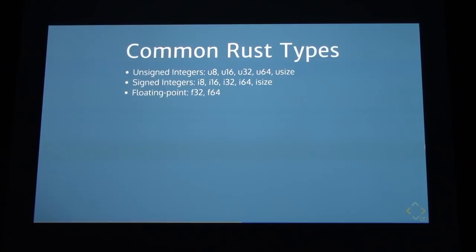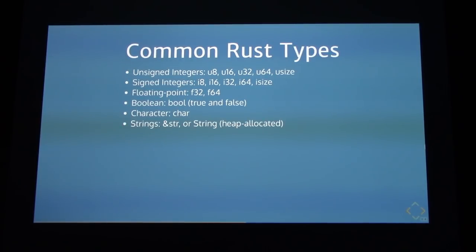There are 2 floating point number types, a 32-bit floating point number and a 64-bit floating point number. To represent whether something's true or false, we have the bool type. To represent a Unicode character, we have the char type. And there are 2 string types, both with full Unicode support. The second string type you see there is a growable string type, and it's allocated on the heap.